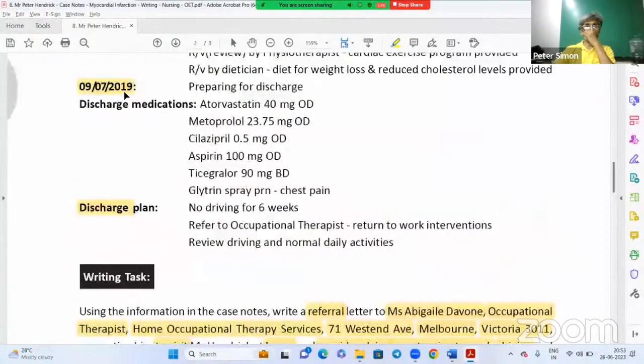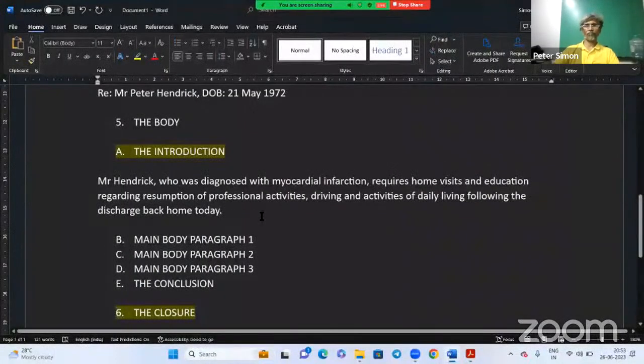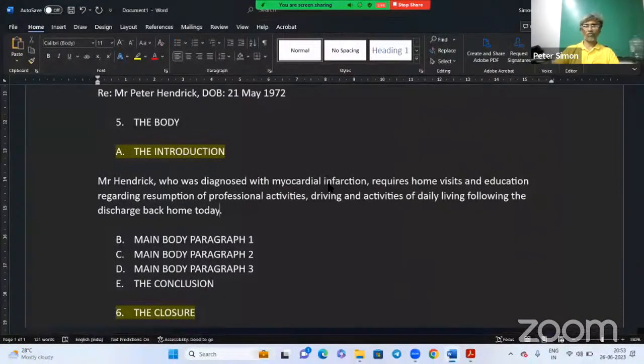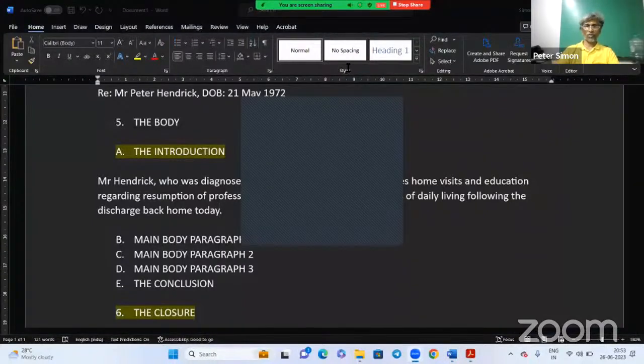Right. So discharge, preparing for discharge. So today you are preparing for discharge on this day. Okay, fine. So this is how you are going to write the introduction.